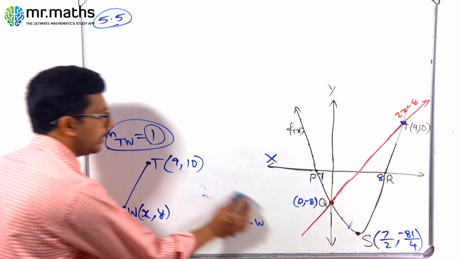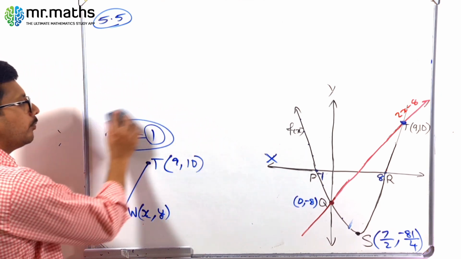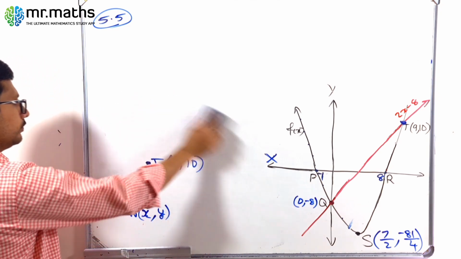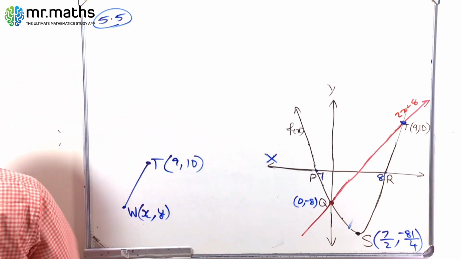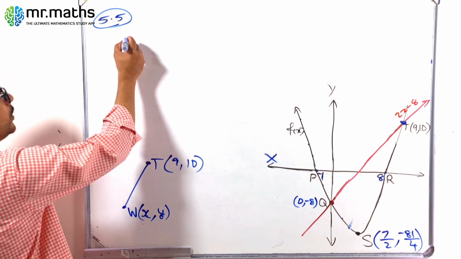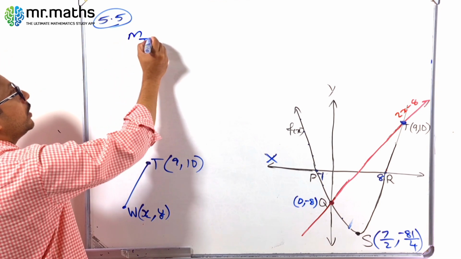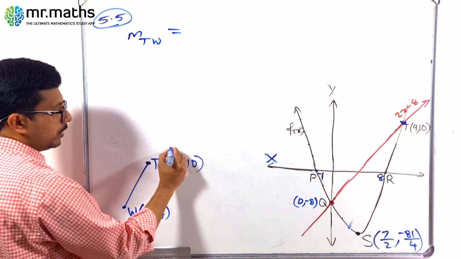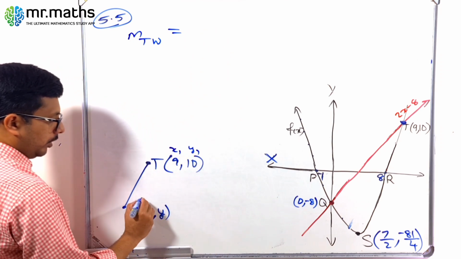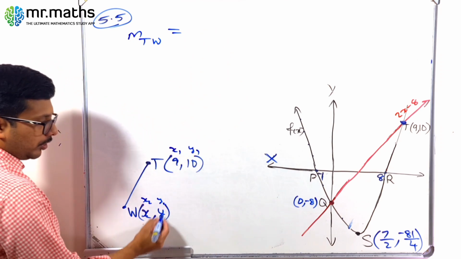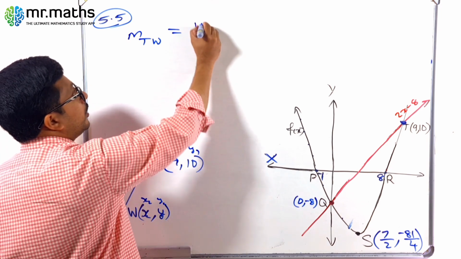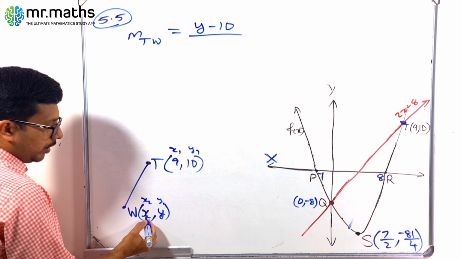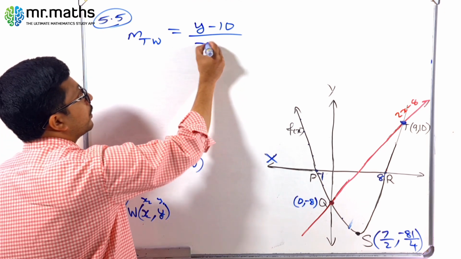We are trying to find the gradient between T and W. The gradient formula: m of TW is equal to y2 minus y1 over x2 minus x1. So it is y minus 10 divided by x minus 9.